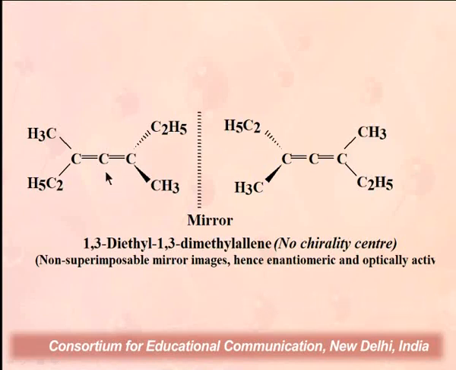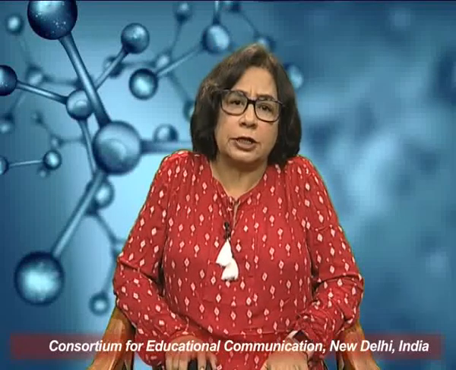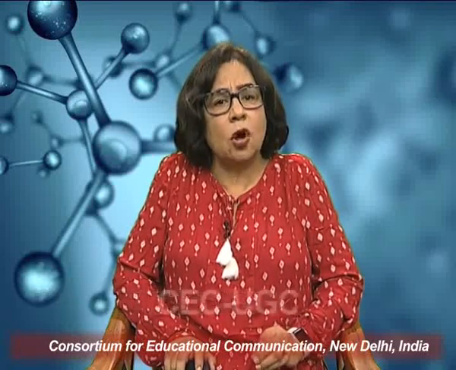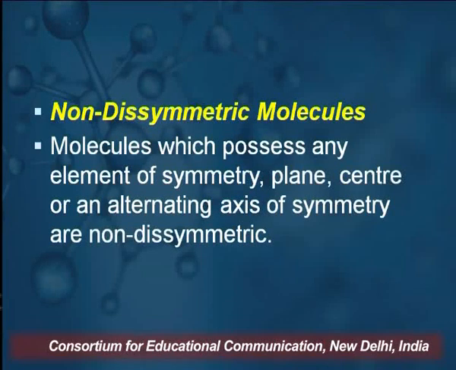So when these pi bonds are at right angles to each other, the terminal groups are also at right angles to each other, and they will form non-superimposable mirror images of each other and will be optically active. So that means dissymmetric molecules will be optically active.